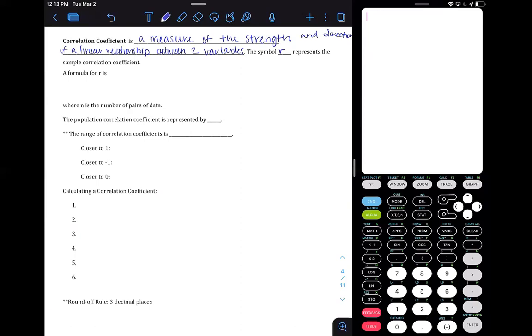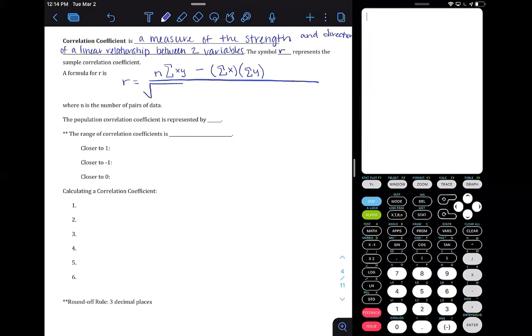The formula for r is r equals a long fraction. In the numerator we have n times the summation of x times y, minus the quantity of the summation of x times the quantity of the summation of y. In the denominator, you're going to have two square roots.